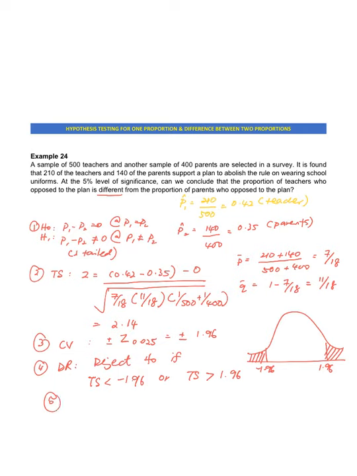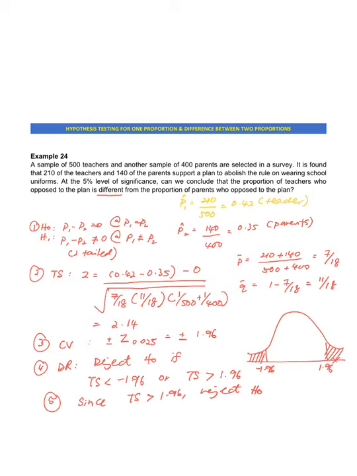So what can we conclude here? We look at our test statistic value, which is 2.14. Does it fall in the rejection region? Yes, it falls on the right side. So since the test statistic is greater than 1.96, we reject H naught.